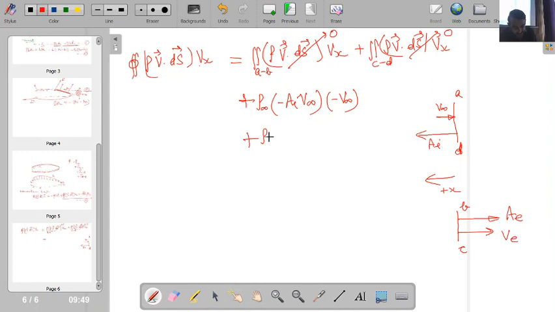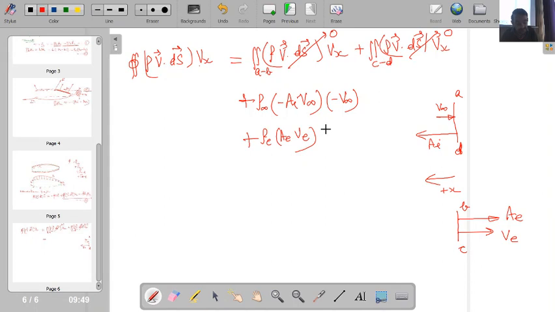So I can simply write, if rho E is the density of the gas at the exit boundary, then rho E times AE into VE, since both are in parallel directions so the dot product will be positive, times the x component of the velocity, which is in the rightward direction, opposite to the considered positive direction.